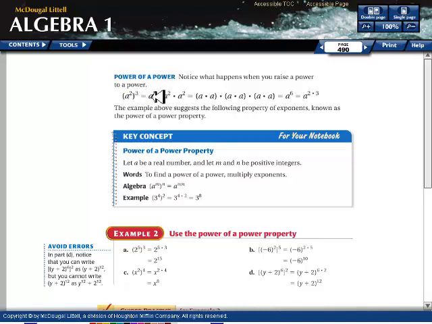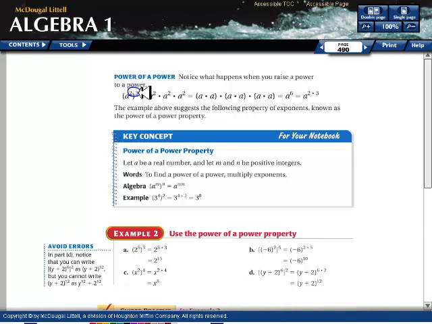So you have 1, 2, 3, which means I have 2 a's, 2 a's, 2 a's. Altogether, how many a's do I have? 6. Now there's a shortcut on how to get that. How would you get 6 out of 2 and 3? Well, you'd have to multiply it. 2 times 3. So a to the 2 times 3, so a to the 6th.